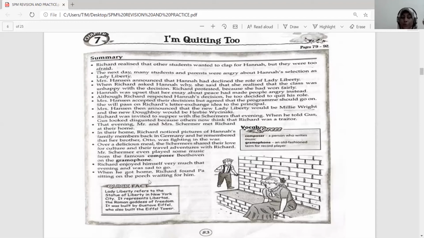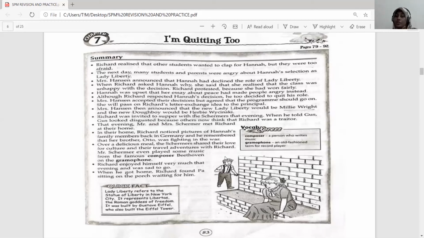Okay, when he got home, Richard found Pa sitting on the porch waiting for him. Now, why was Pa waiting for him on the porch? Why do you think? Anyone? No? Probably that he already heard the news that Richard has declined the role. Alright?